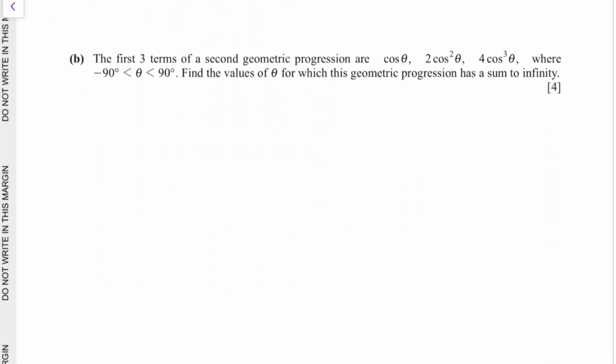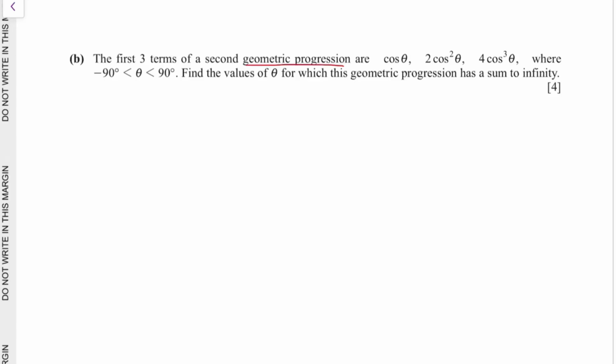Question b. The first three terms of a second geometric progression are cos theta, 2 cos squared theta, 4 cos cubed theta, where theta is from negative 90 to positive 90 degrees. Find the values of theta for which this geometric progression has a sum to infinity.